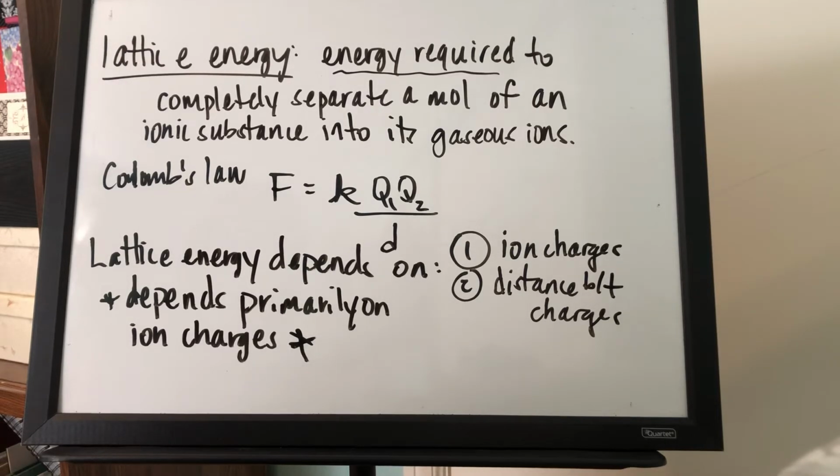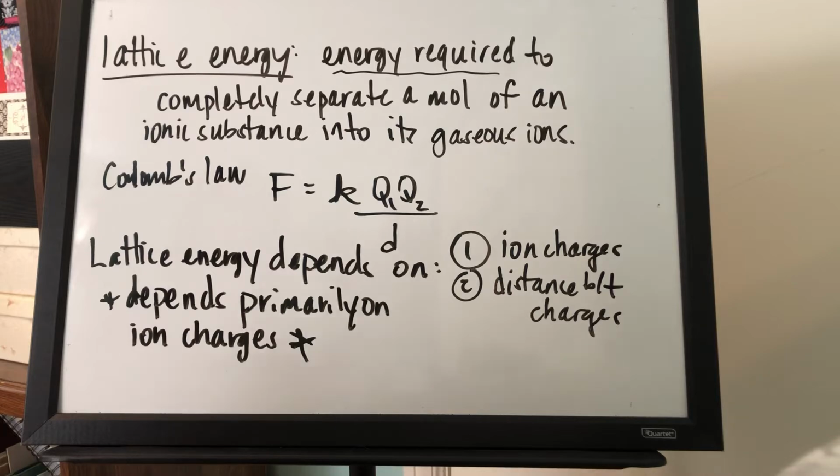That's because the distance between particles doesn't vary that much over the grand scheme of space, so to speak. So lattice energy basically depends on the charges of the ions.